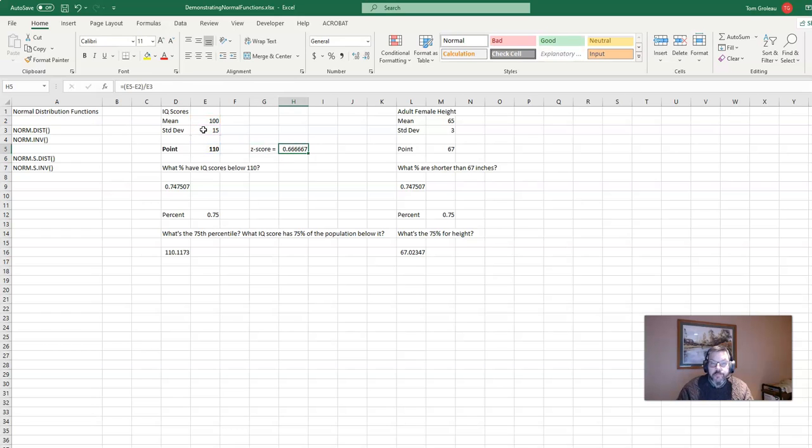I said it's 2/3 of the standard deviation. Z-scores are commonly rounded off to 2 decimal places. This isn't really rounding off. I'm just rounding the display.